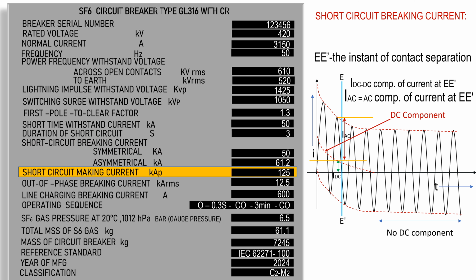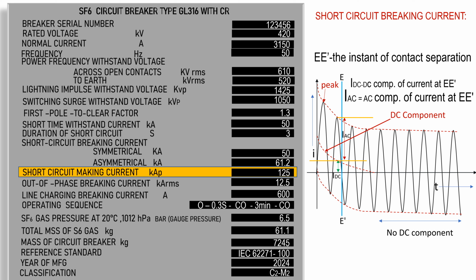Short circuit making current. If the circuit breaker is closed on an existing fault, fault current may increase to the maximum value at the peak of the first current loop. The circuit breaker should be able to close without hesitation as contacts touch.